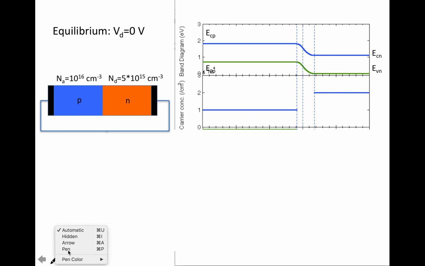This is Pn0, which is Ni squared over Nd, and this is Np0, equal to Ni squared over Na.